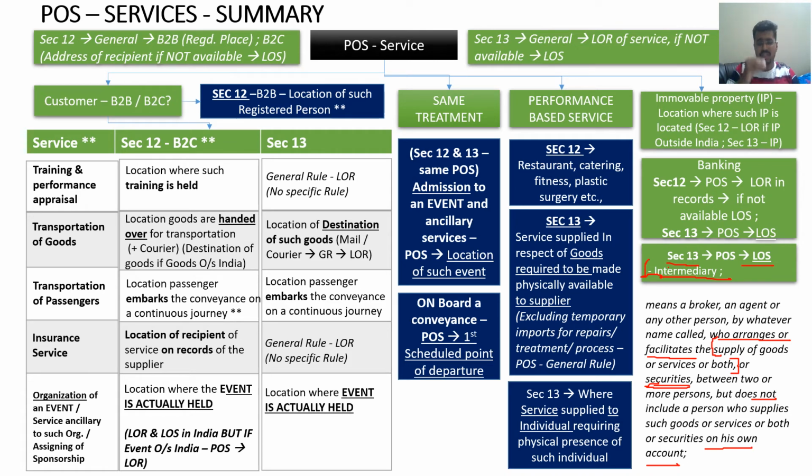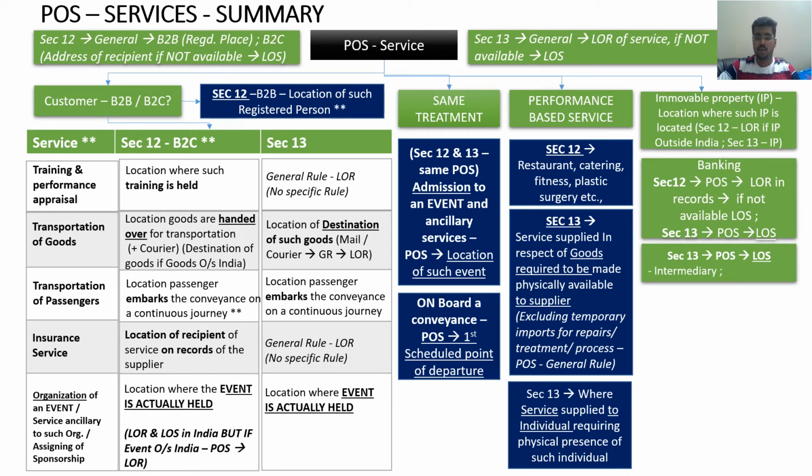So he is an intermediary who connected you both. Now, for his service, that is the commission for connecting you both, the place of supply will be location of such intermediary, location of such supplier, right? Irrespective of the airlines or where you are located, its place of supply will be the location of supplier. So this is again in section 13, my friends, where either party is outside India, place of supply will be the location of supplier.